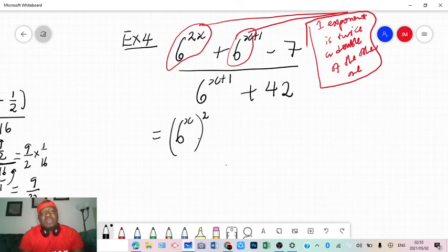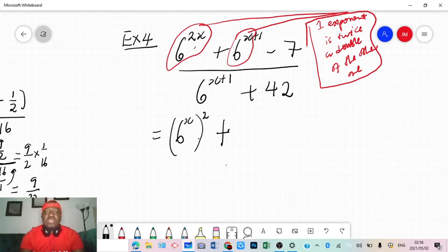It's still the same. I've just reversed one of the laws, which says when you have exponents and there's a bracket, you can multiply. So if I say x times 2, it still gives me the original question. But the reason why I've separated them is that I want you to see the term that has been repeated, or the exponent that has been repeated, and then be able to find a way to simplify it.